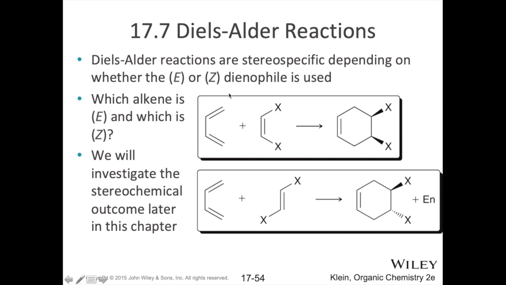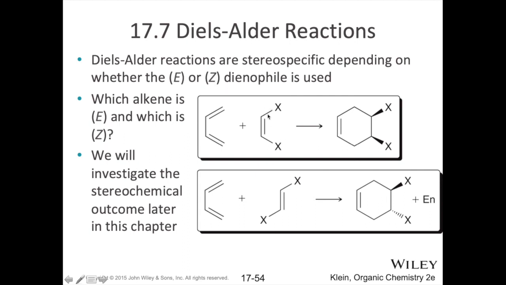Regarding the stereochemistry of your dienophile, that will determine the stereochemistry of your product. Here, notice that our dienophile is an alkene, and we have a cis alkene versus a trans alkene. Or you could use E or Z notation.